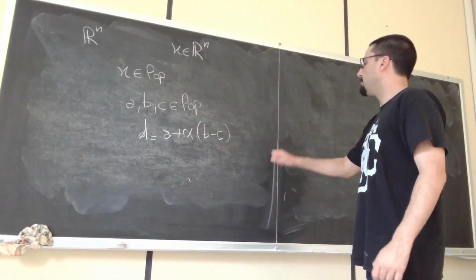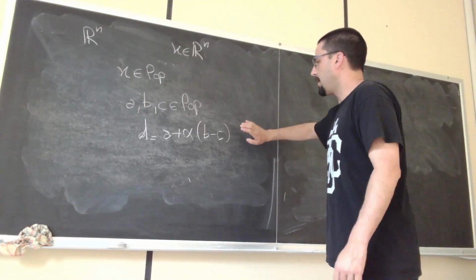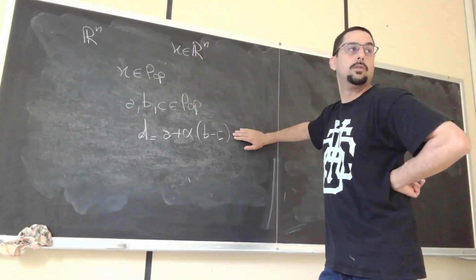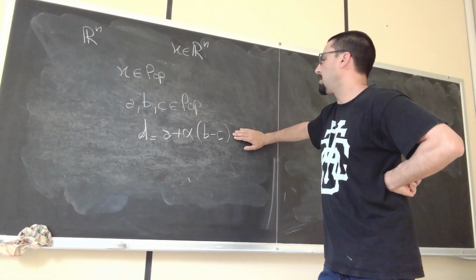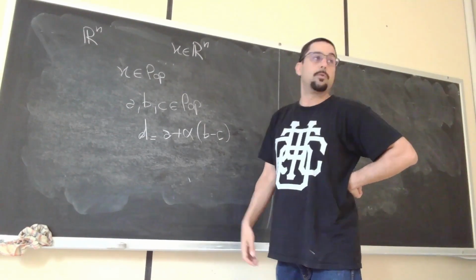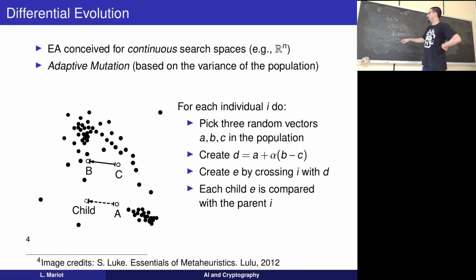And the question now is, okay, I computed this child here, but now what do I do with the original parent? Well, you can have, for example, crossover first between X and D. What is called I is X here on the blackboard, actually. So you can do crossover, but it is not necessary, and in particular in the one pixel attack, crossover is not used.